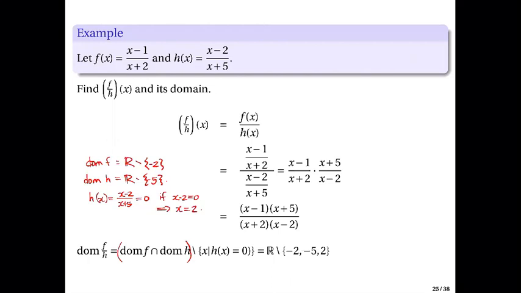So how come, for h of x, the last thing we did was x minus 2 equals 0? It's because your h of x is a denominator. So there's a possibility that the denominator will be 0, this guy here. So you solve for h of x equals 0.